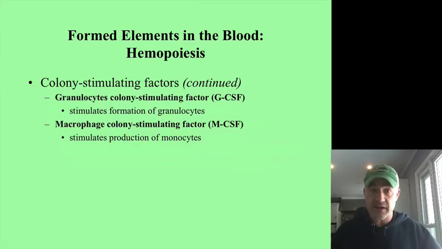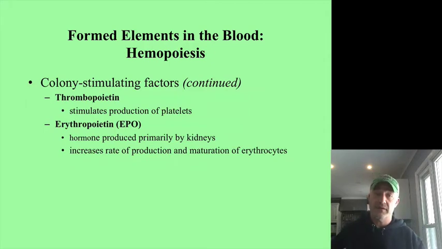There is also something called thrombopoietin, which is going to lead to the production of platelets, as well as erythropoietin, which we'll talk about in a lot more detail a little bit later on, that is involved in the formation of red blood cells and increasing the rate of production of those.